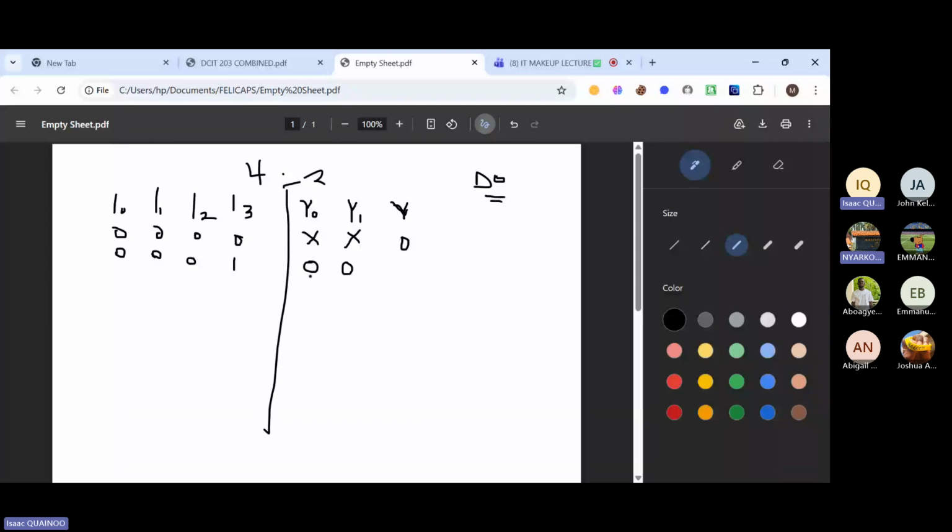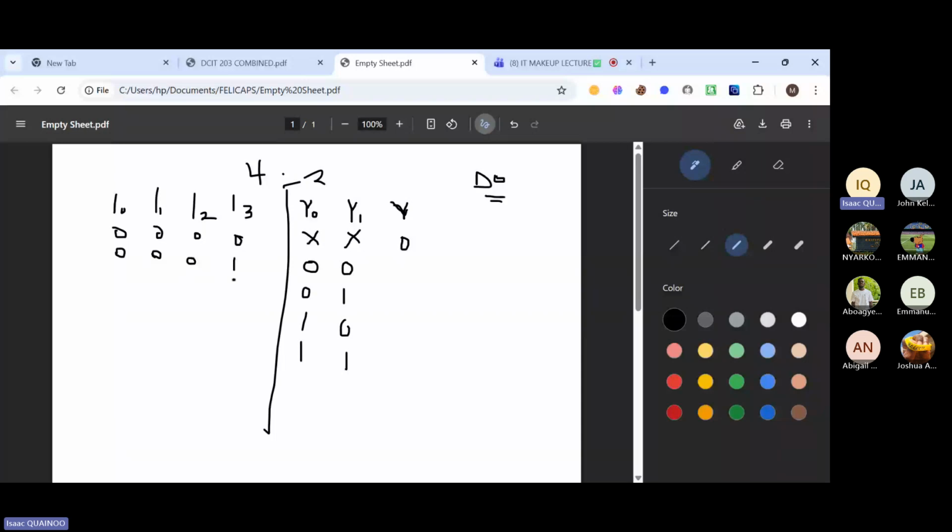So now, if this is 0, 0, please forgive me, let me label this properly. This is supposed to be input 0, input 1, input 2, input 3. They've been flipped. But let's just continue. So you have 0, 0, 0, 1, 1, 0, and then 1, 1.